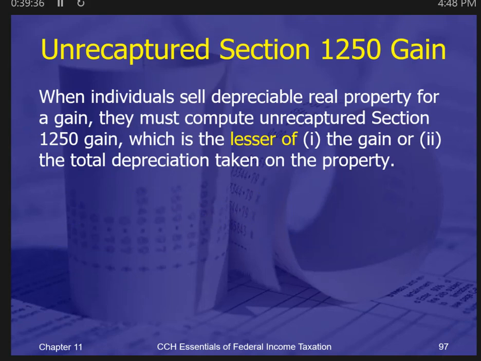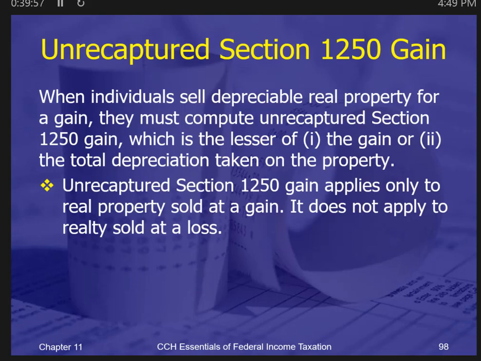All right, so little different scenario, and this is Section 1250 gain. This applies to real estate. Okay, we're looking again at the amount of depreciation. Your Section 1250 gain is up to the amount of depreciation on your real estate. Okay, it only applies to sold at a gain.